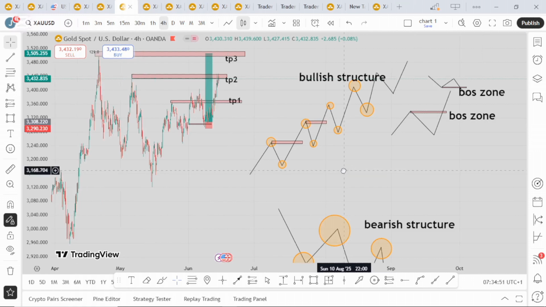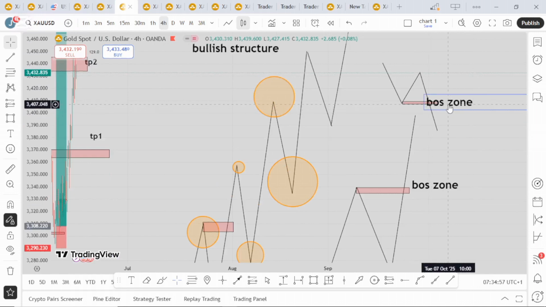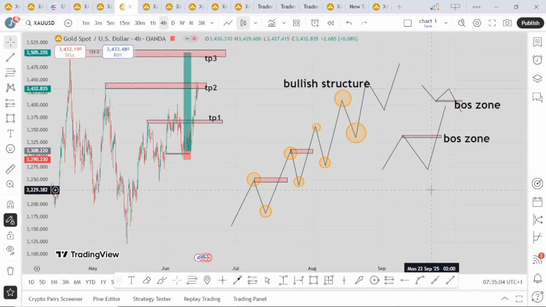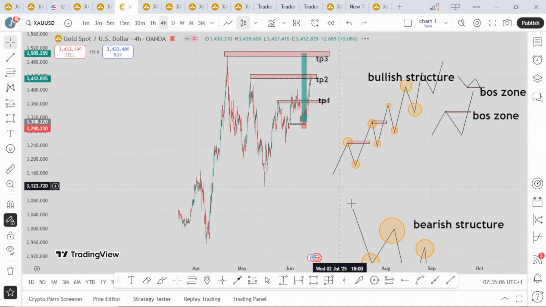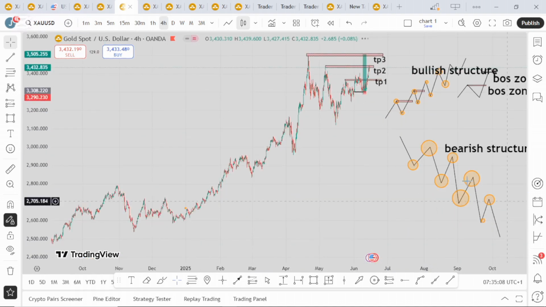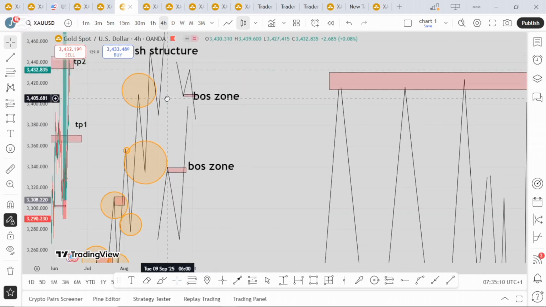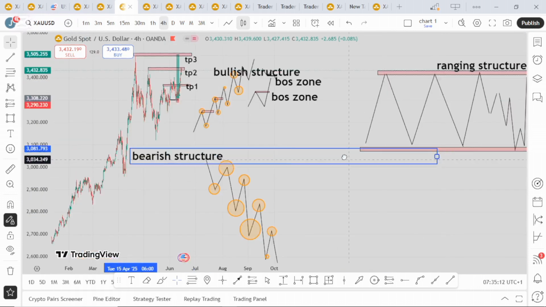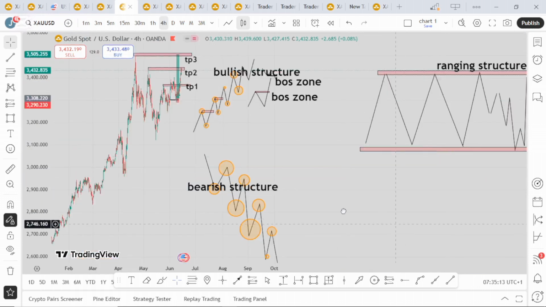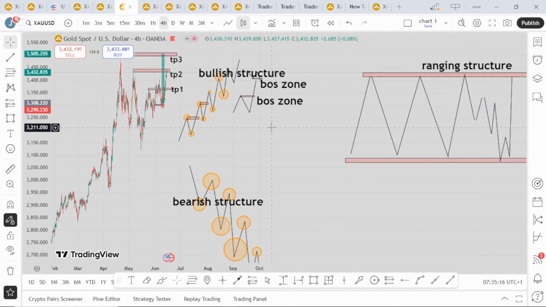Okay, this is my break of structure in the bearish time. This is the break of structure in bearish, then this is the break of structure in bullish. This is my bullish structure and this is my bearish structure. Then this over here is my consolidation. This is my consolidation, so you take note of this.